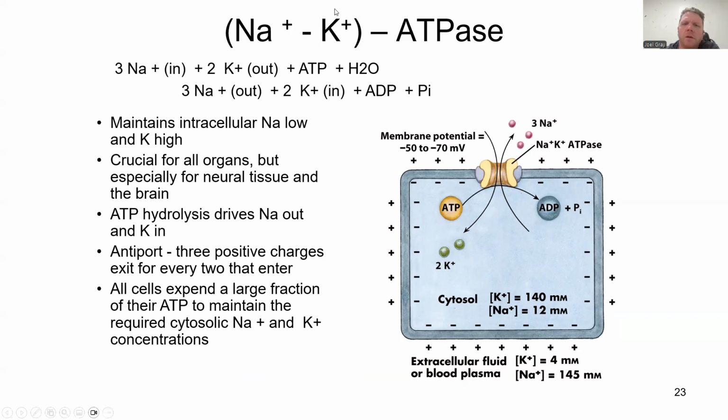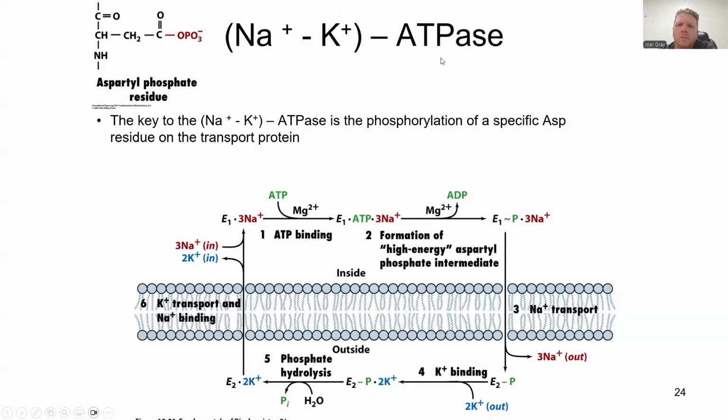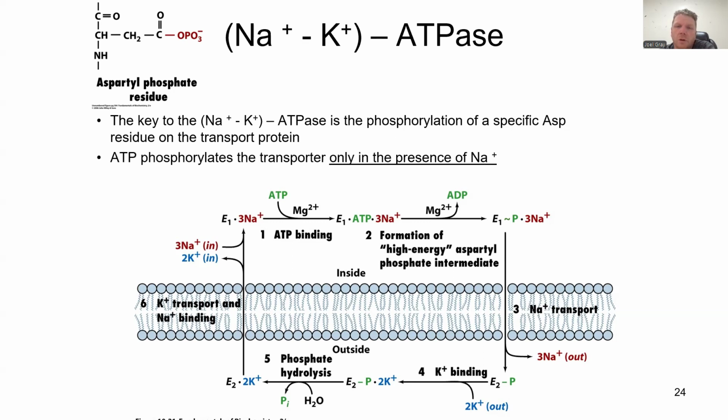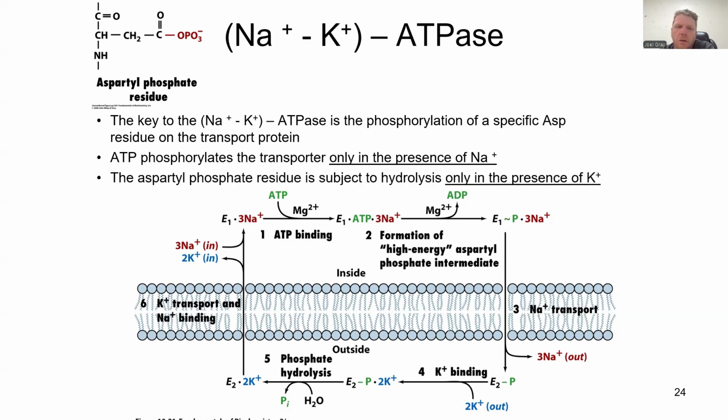This aspartate residue on the transport protein is kind of unique because it serves as the receiver of that phosphate from ATP. So it basically holds on to it in some respects. Now, ATP phosphorylates the transporter only in the presence of sodium, and the aspartyl phosphate residue is subject to hydrolysis only in the presence of potassium.